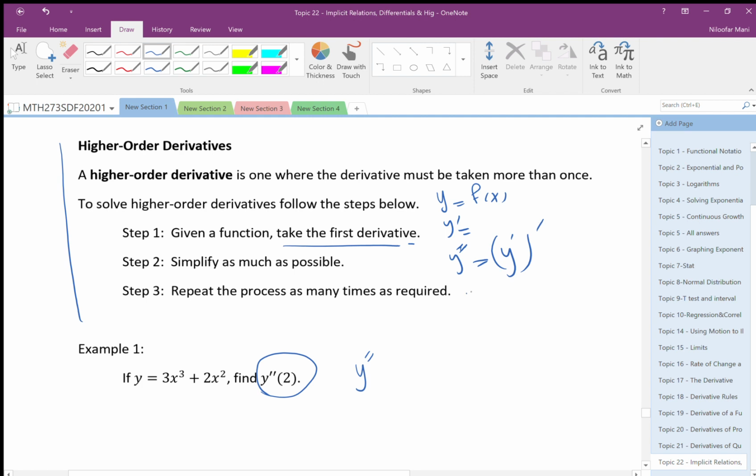What is third derivative? It's derivative of second derivative. What is fourth derivative? So you show it this way, d^4y divided by dx^4, something like that. Okay, so the fourth derivative.